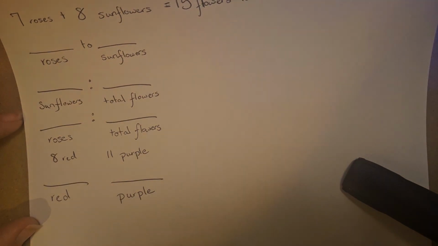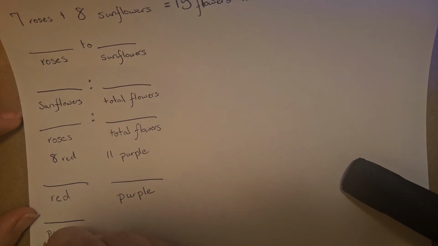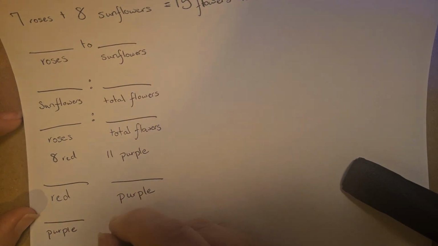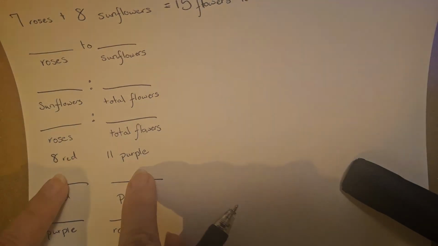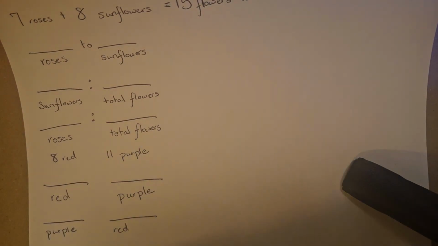The second question says there are blank purple marbles for every blank red marbles. So whatever you got here, you're just flipping it. And it's using that sentence frame that we taught you. For every, there are, or there are for every.